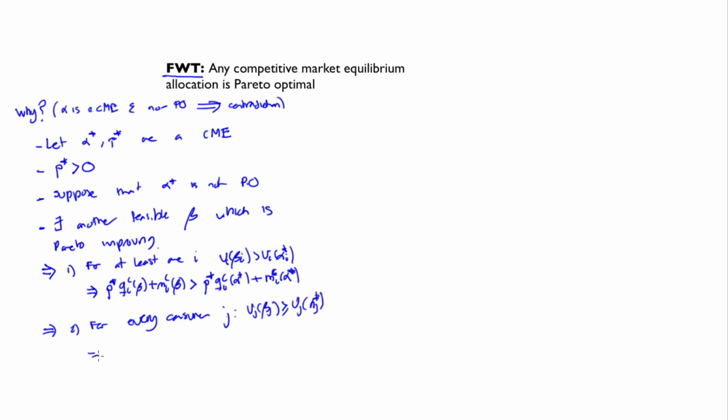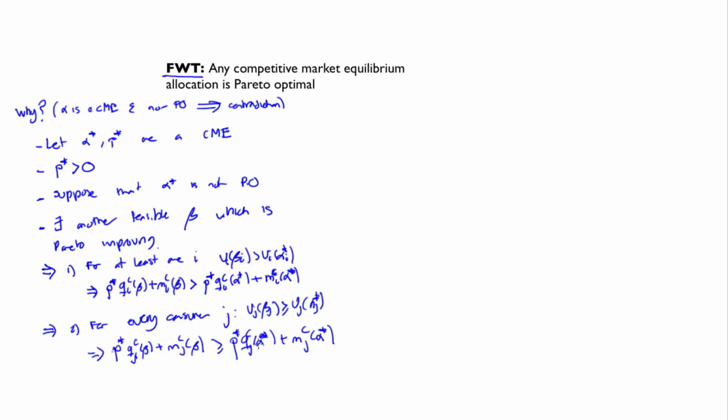But this implies, by very similar logic, that P star QCJ at beta plus MCJ at beta, that's how much it costs to buy the allocation at beta at prices P star, has to be greater than or equal to P star QCJ of alpha star plus MCJ of alpha star.